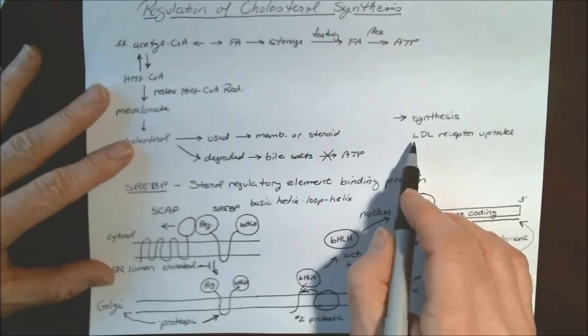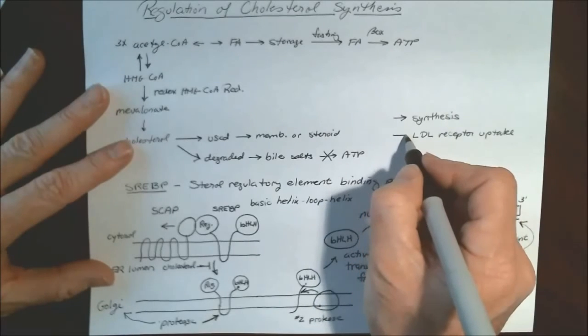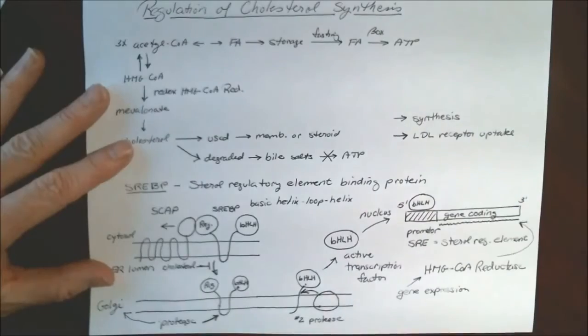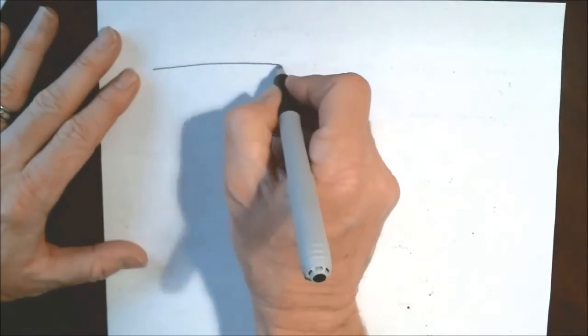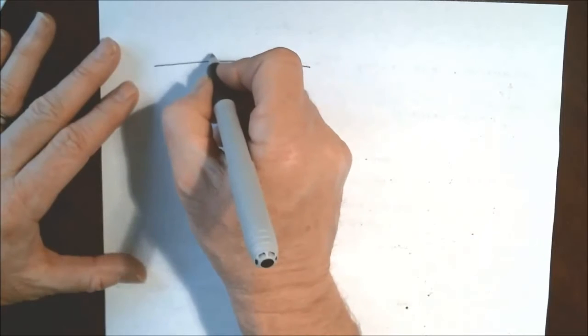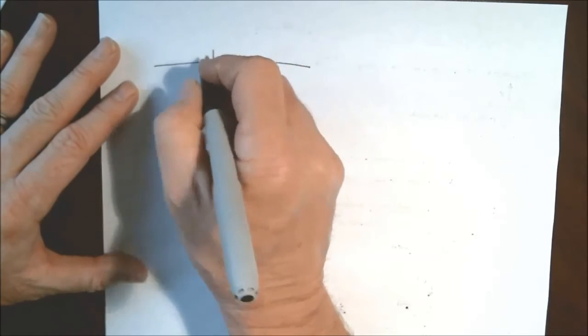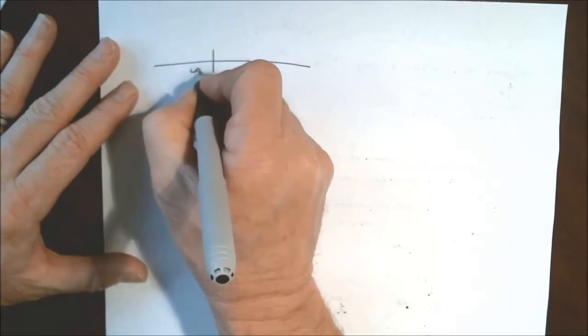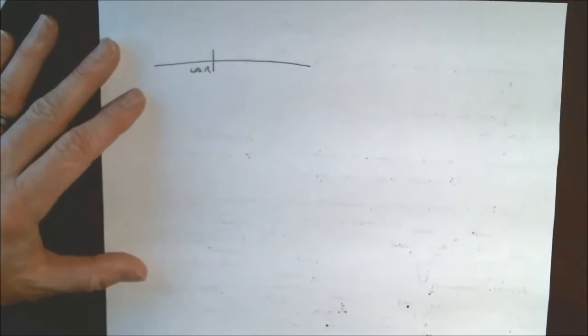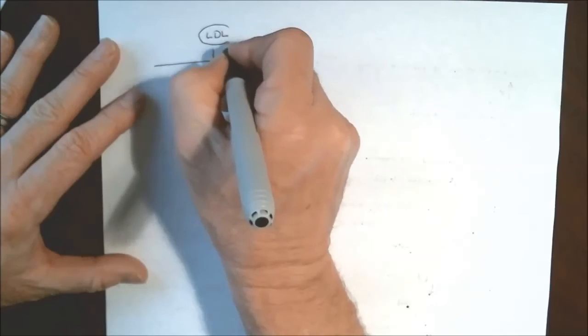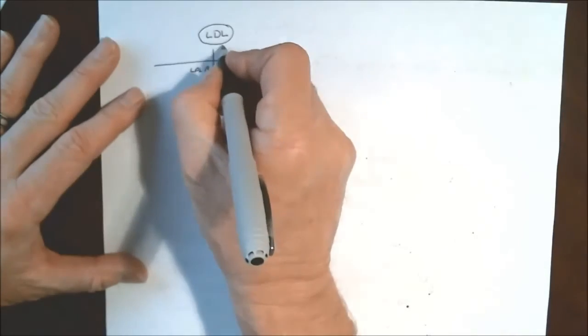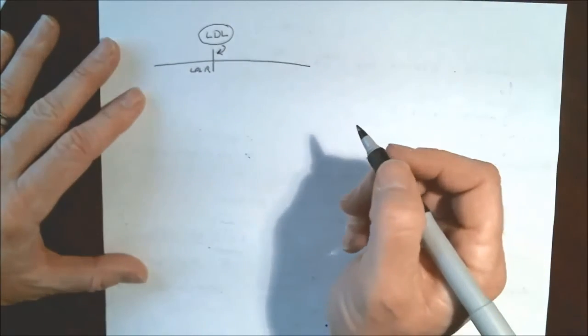Now, what about the regulation that can be mediated by LDL receptor uptake activity? Recall that on the cell surface, we have our LDL receptor, we have our LDL ligand. If it's available, it will bind to this receptor.